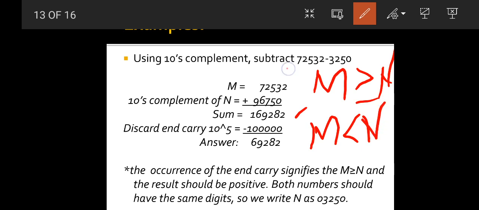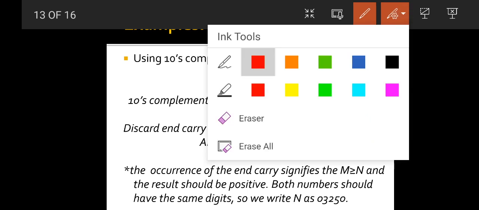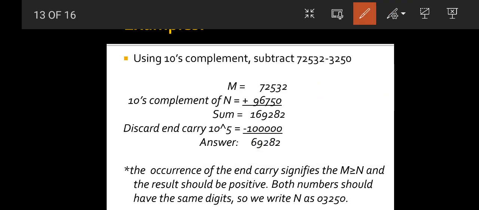With this example, your m is greater than your n. If you check, 72,532 is greater than 3,250. Since it is greater, we have to use the second step.